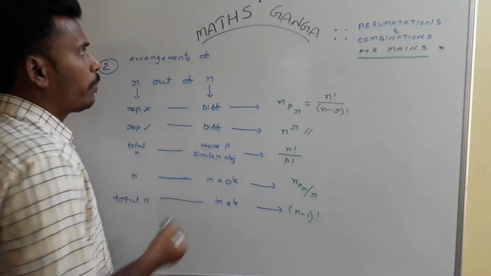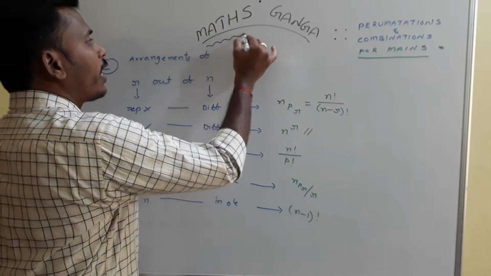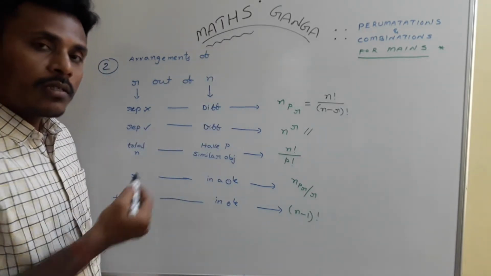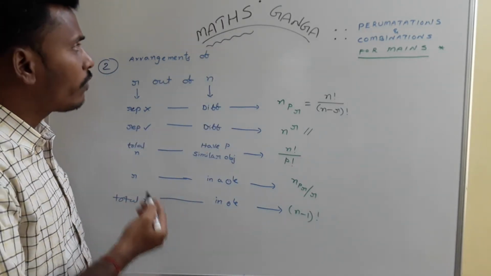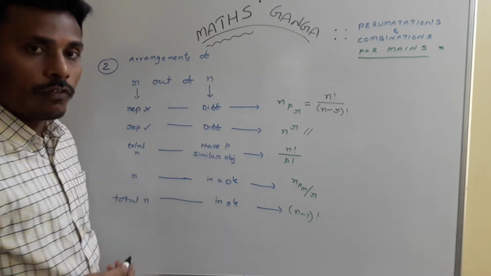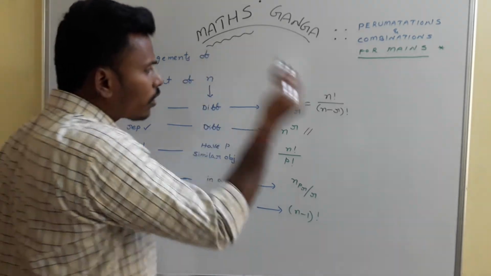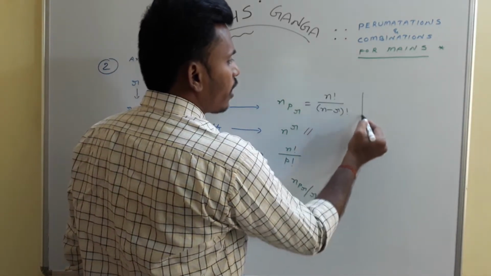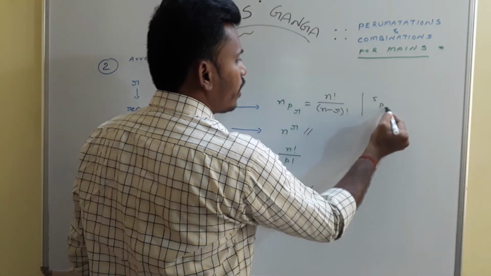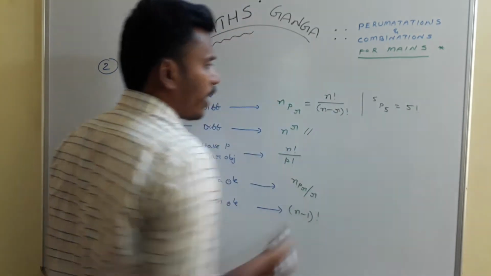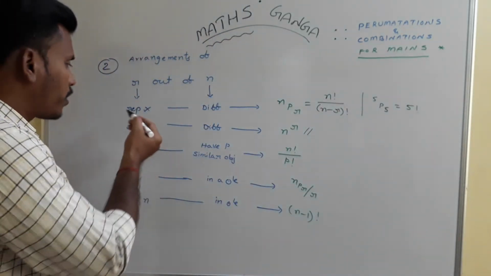For example, if I wish to arrange the letters of the word MATHS, since there are 5 letters, if total letters are utilized to arrange, this can be done in 5P5 ways, and that is nothing but 5 factorial, if repetition is not allowed.